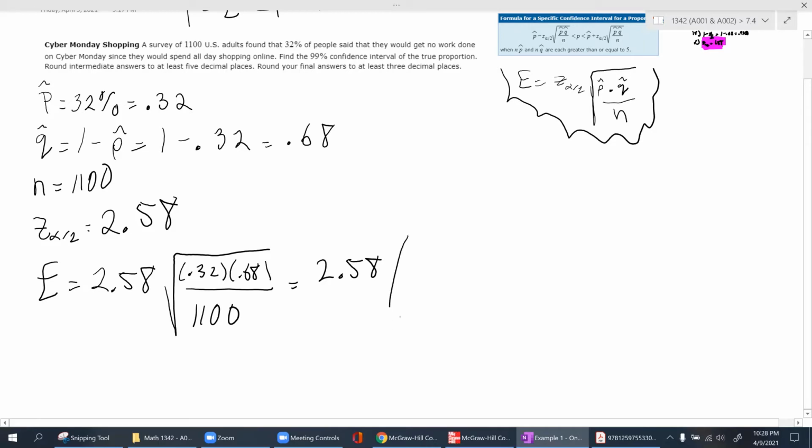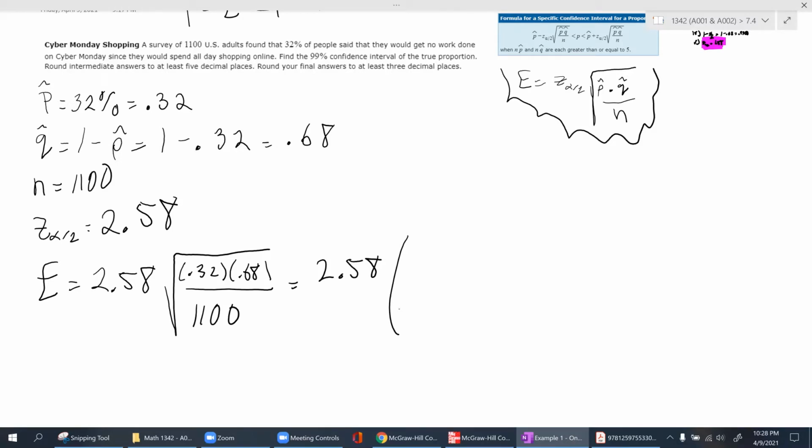Square root of 0.32 times 0.68 divided by 1100. What does that give me?